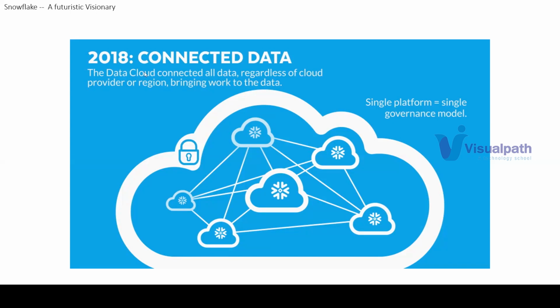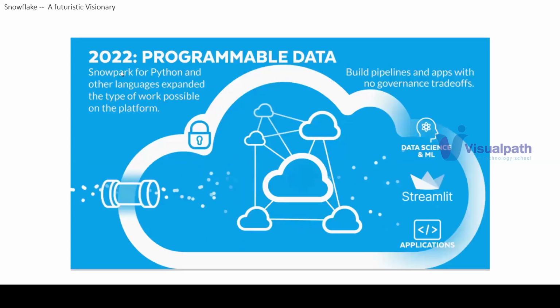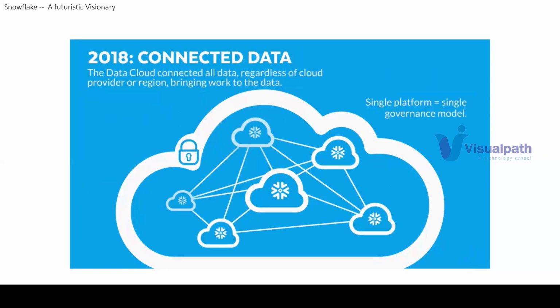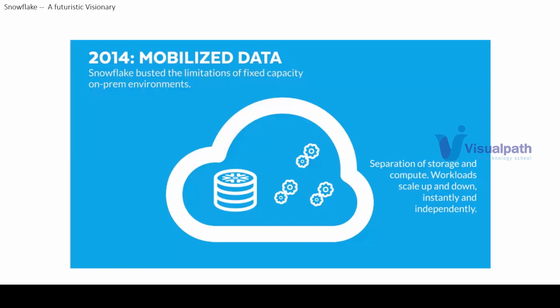That's why it is called connected data. In 2022, security was added, data science and ML were added, applications were added, and Snowpipe for streaming data was also added.